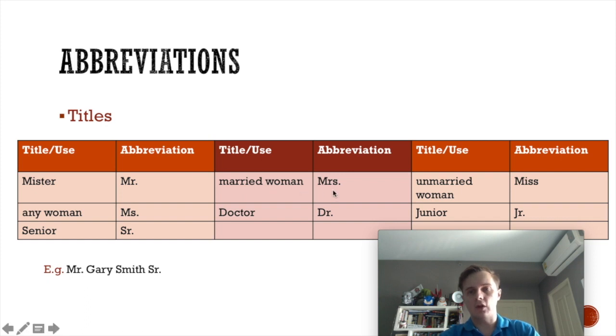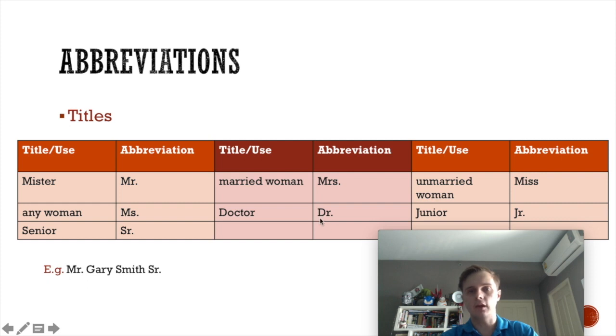This abbreviation, Mrs., M-R-S, period, is used for a woman who is married. And we use the abbreviation Miss for a woman who is not married. Now you'll notice the abbreviation Miss does not have a period. We can use the abbreviation Ms., M-S, period, for any woman, whether they are married or not married.